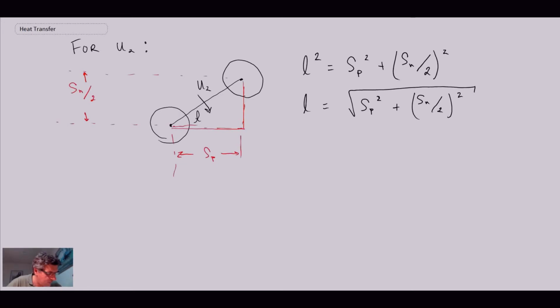And just like before, we know that this distance here is d over 2, and this is d over 2 as well, going from the center line to the surface of the tube, and so we will be able to correct for that. We're now going to apply the continuity equation, and I am going to say U infinity was up here.